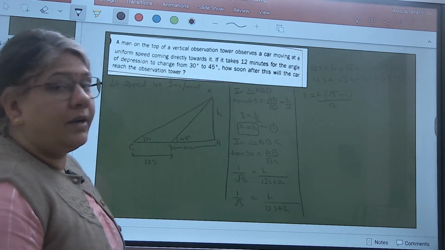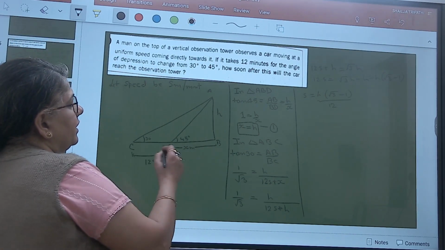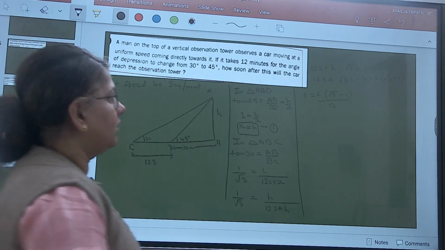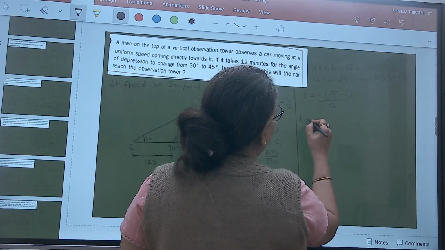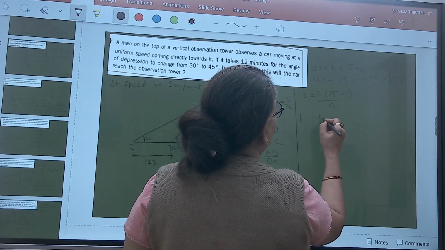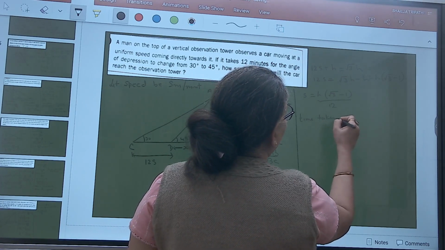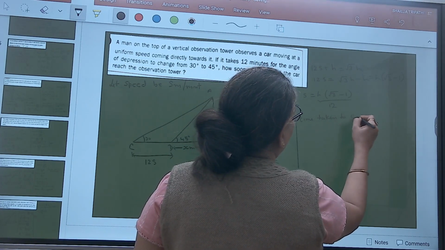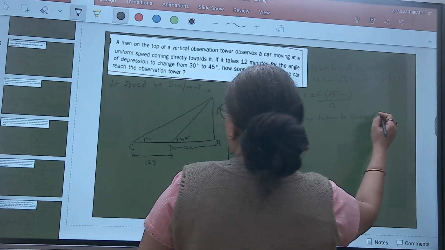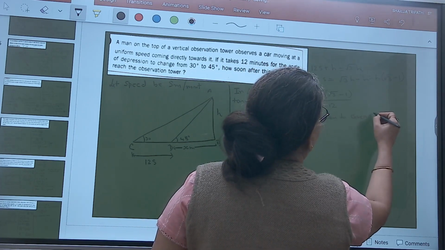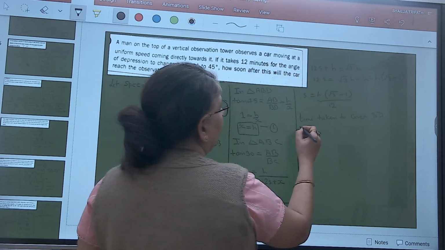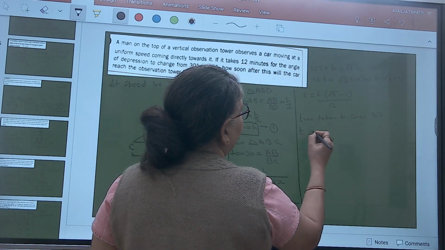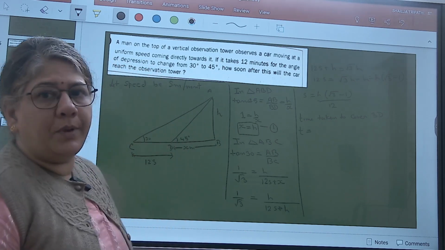We have to find the time taken to cover this distance, x. So we'll find the time taken to cover BD. This can be written as T is equal to distance upon speed.